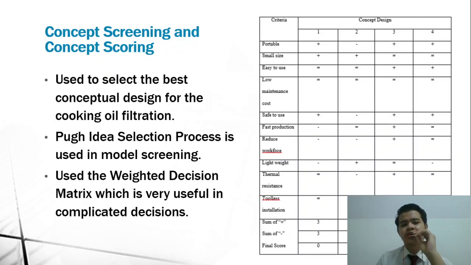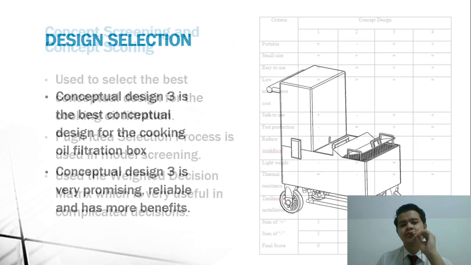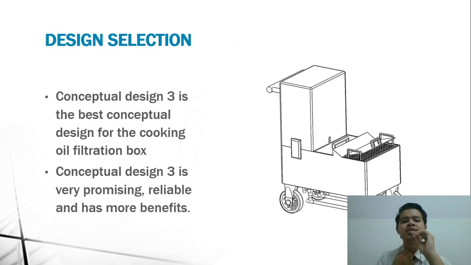Concept screening and concept scoring are used to screen the concept designs to choose the best design. These are the design selections for the project. Concept design 3 is the best concept design for the cooking oil filtration box. Concept 3 design is very promising, reliable, and has more benefits.